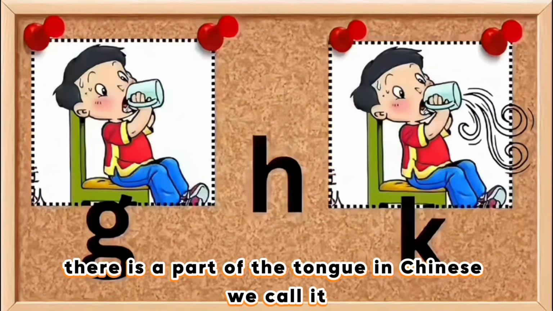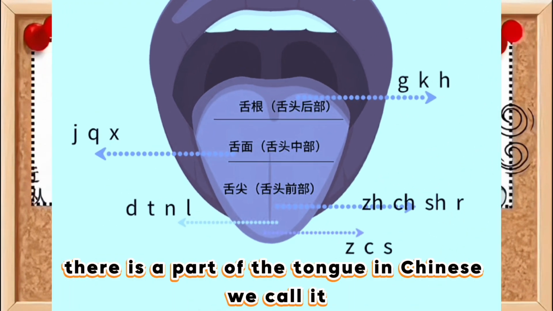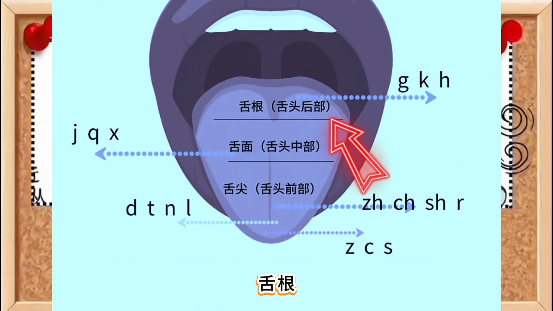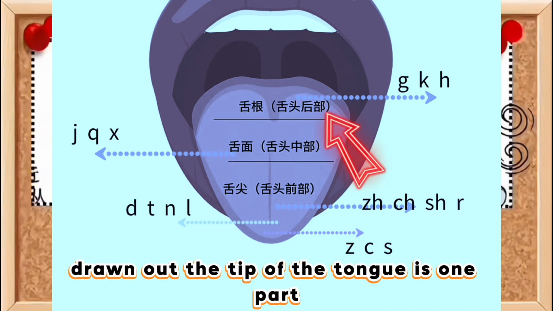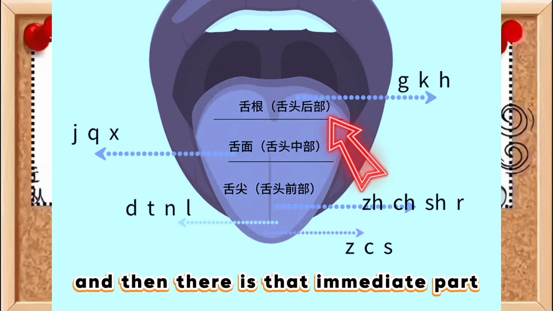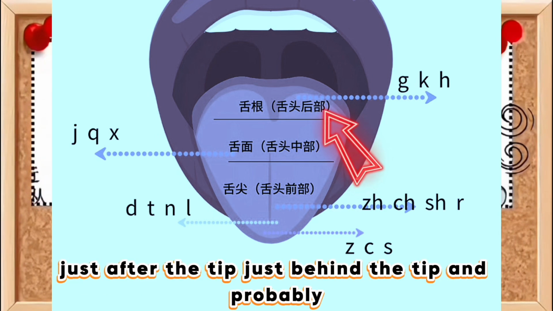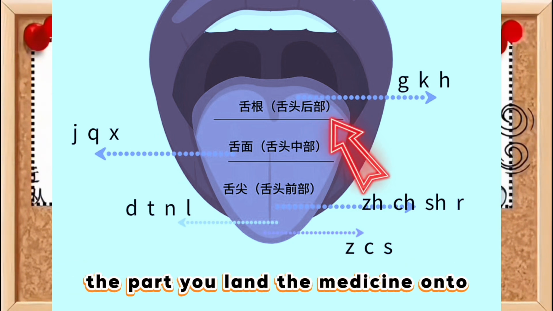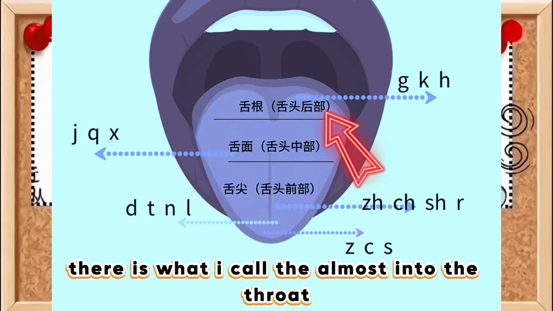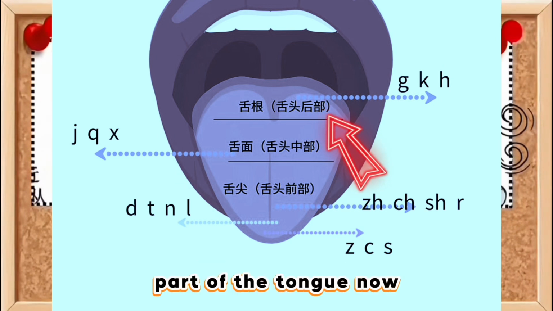Now, there is a part of the tongue, in Chinese we call it shegen. Shegen would be, if you had your tongue drawn out, the tip of the tongue is one part, and then there is that immediate part just after the tip, just behind the tip. And probably every time you're taking sour medicine, the part you land the medicine onto. And then there is what I call the almost into the throat part of the tongue.